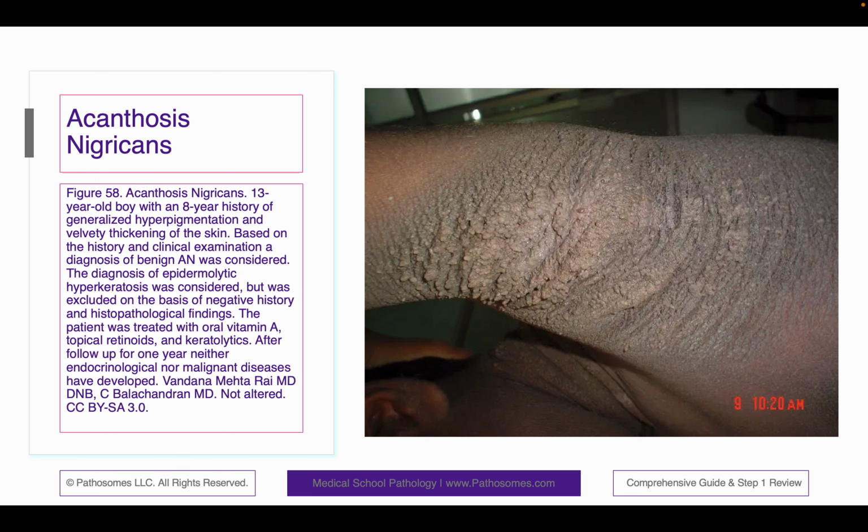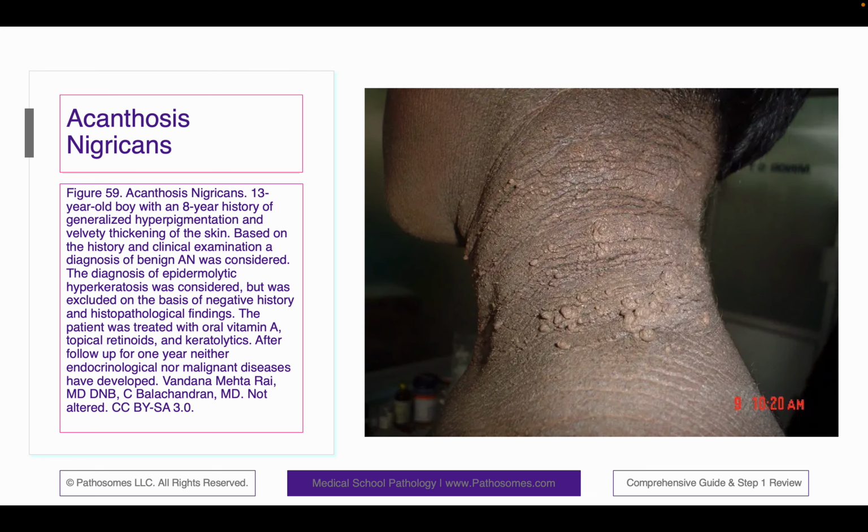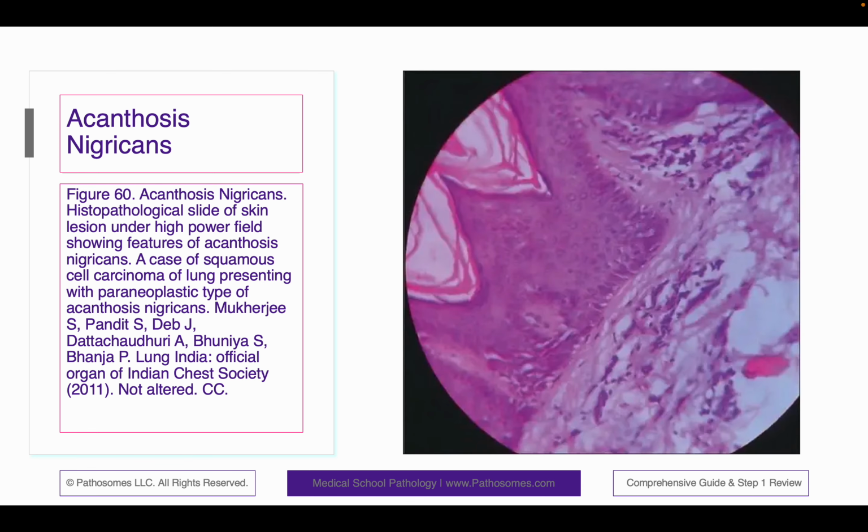This is some epidermolytic hyperkeratosis. Yeah, this is a very different presentation. Very different. Now, this is the histology associated with acanthosis nigricans. And this particular patient had squamous cell carcinoma of the lung presenting with paraneoplastic type acanthosis nigricans.